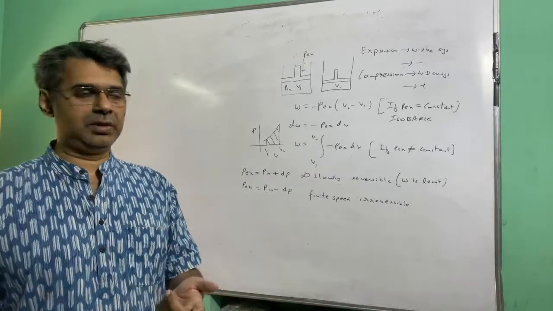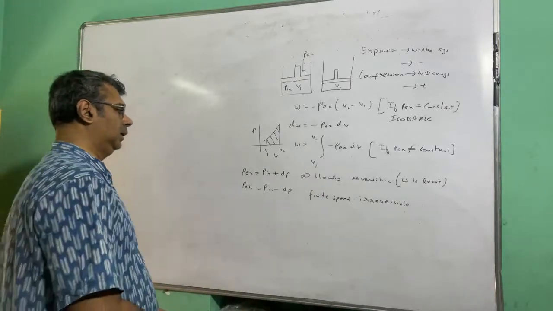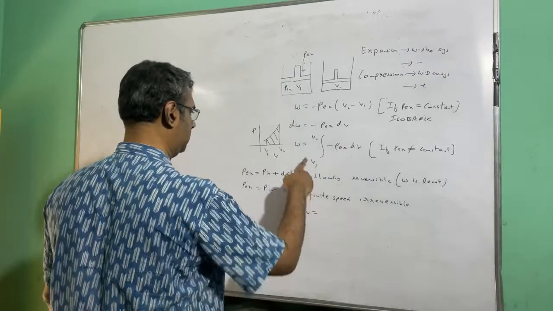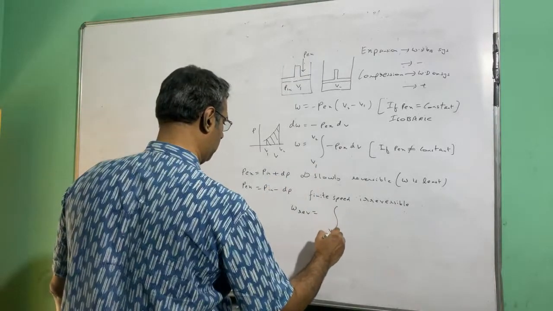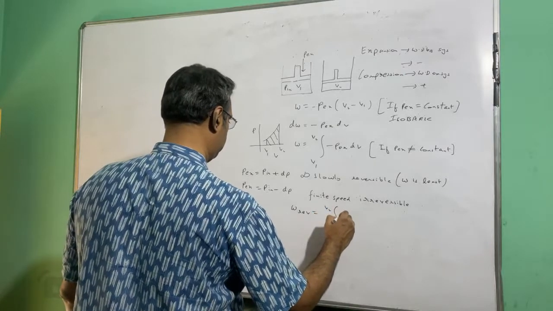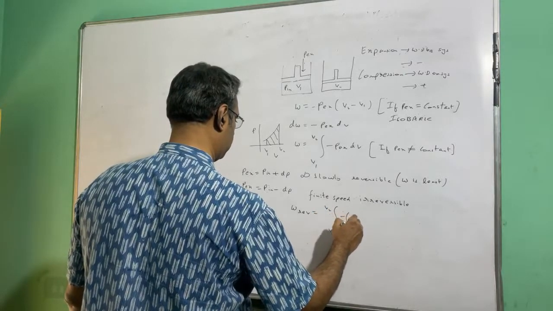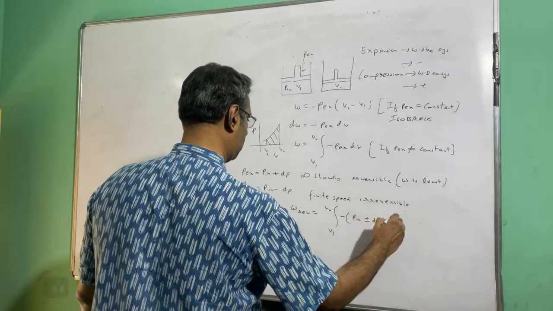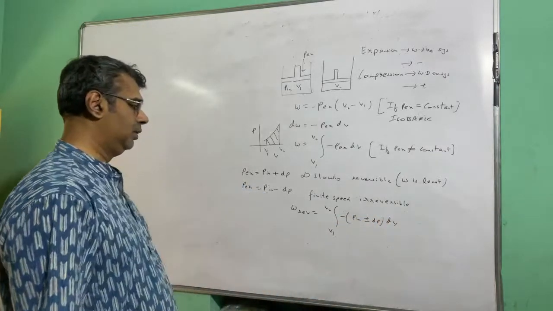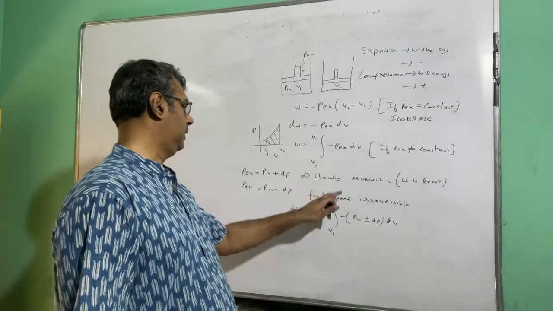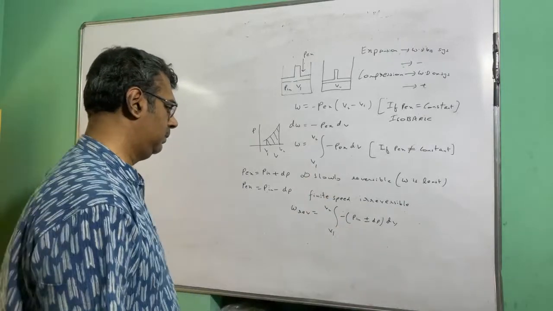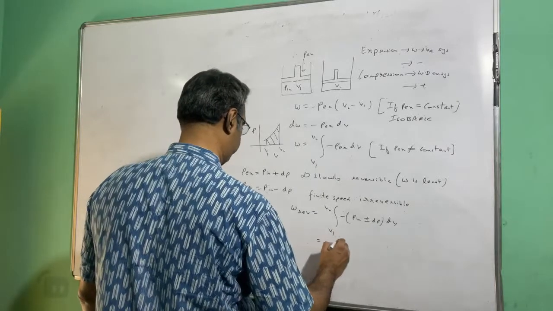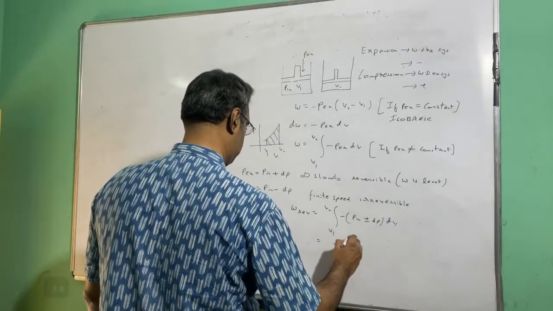So that is why it is called reversible. Now, if it is a reversible process, then this formula, integral V1 to V2, instead of PEX you write PIN plus minus dP, so minus of PIN plus minus dP into dV.